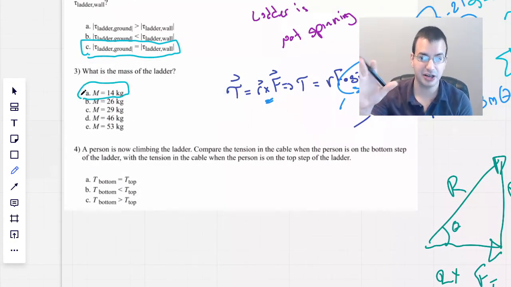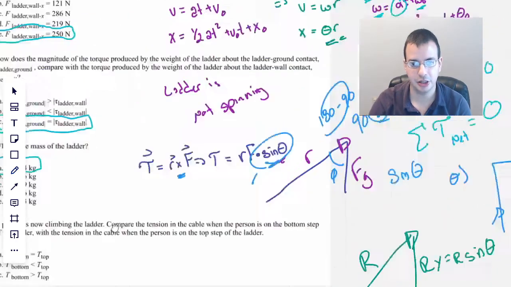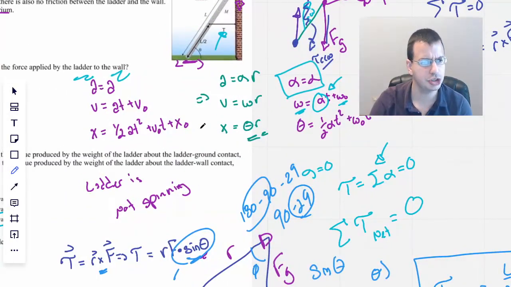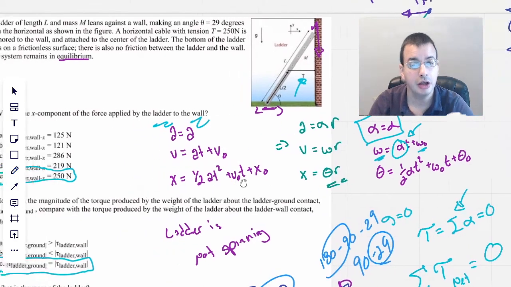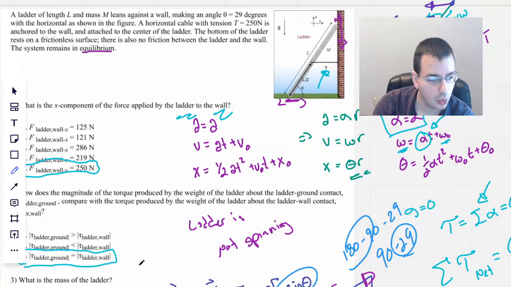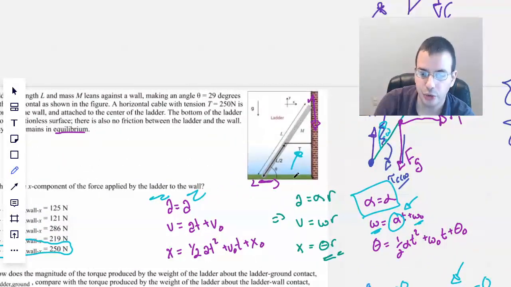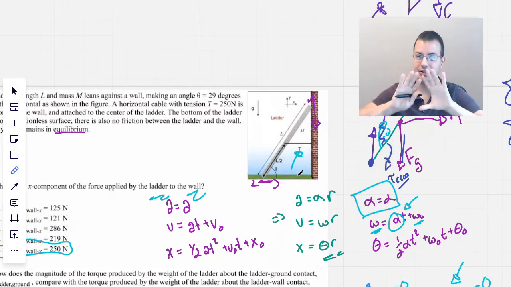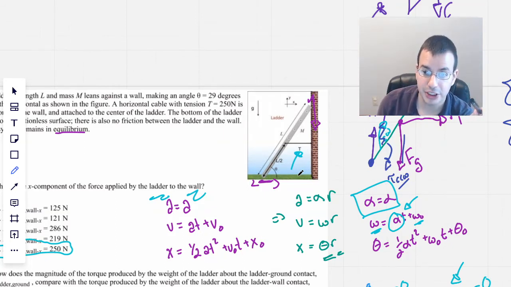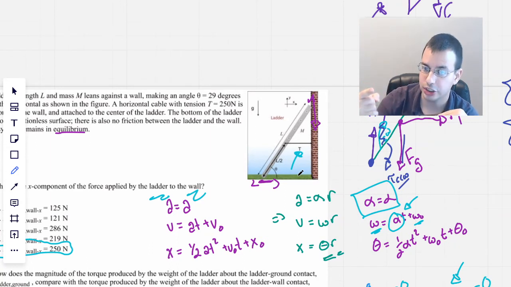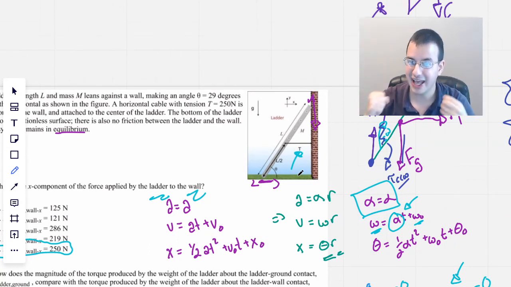Okay, to backtrack to kind of show what we did there, because the path I took for that was quite circuitous, treacherous, labyrinthian. So, what is the mass of the ladder? Our thought process is, okay, this ladder is not moving, therefore it's not accelerating, therefore the forces and also the torques, the net of each of those has to be 0.